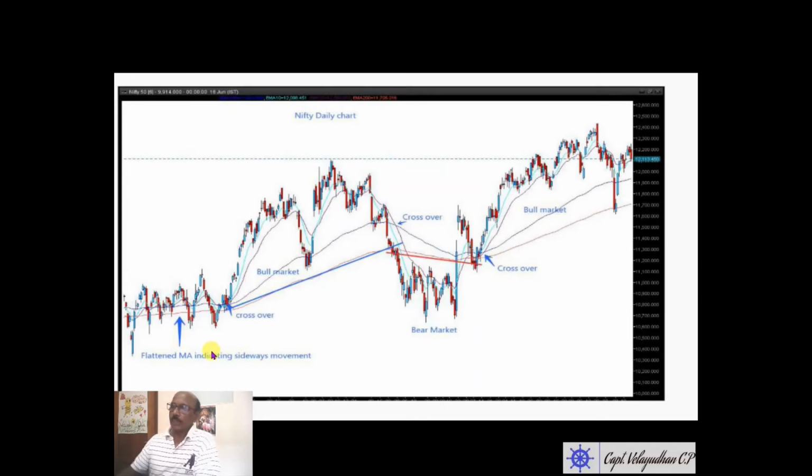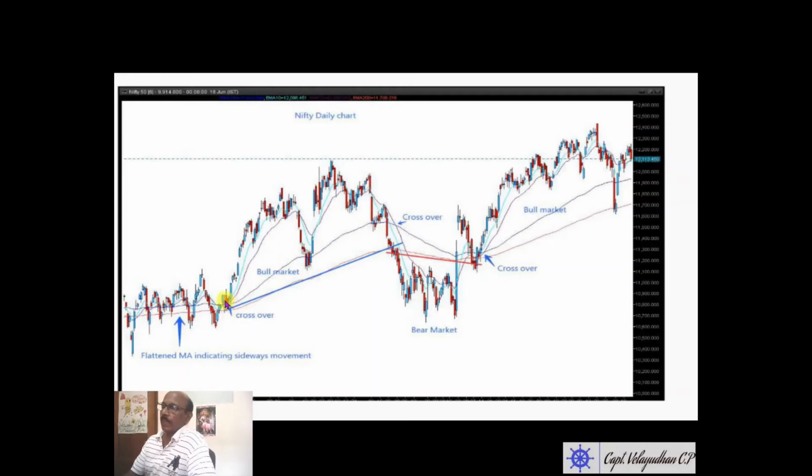Yeah, another chart. Here you can see the market flattened, with the moving average indicating a horizontal line. Here the market went above into a bull market as it crossed above the 200-day moving average.